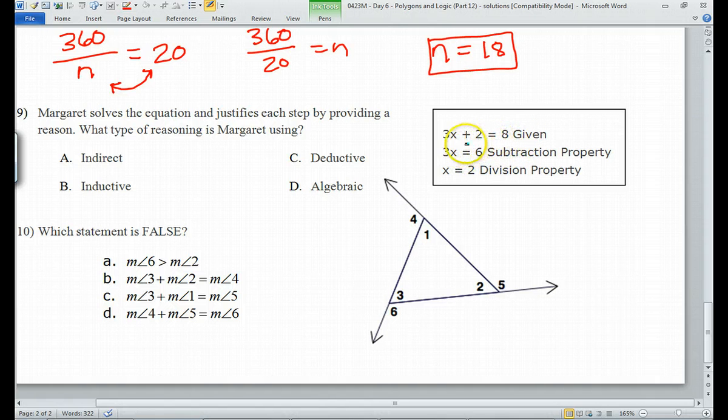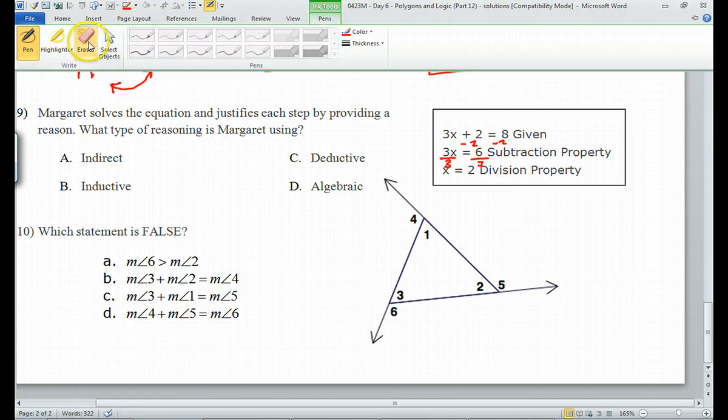Clearly, she subtracted 2 from both sides. That's the subtraction property of equality. She concluded that 3x would equal 6. To get to the next step, she must have divided both sides by 3, and then she gets x equals 2 using the division property.